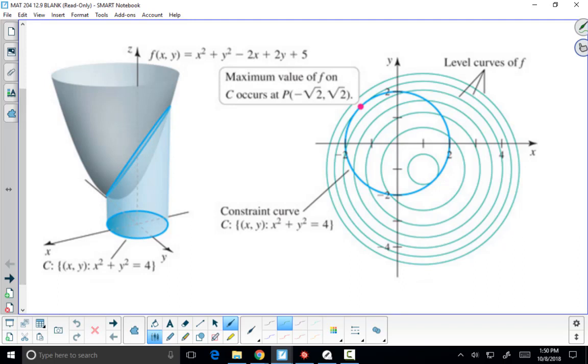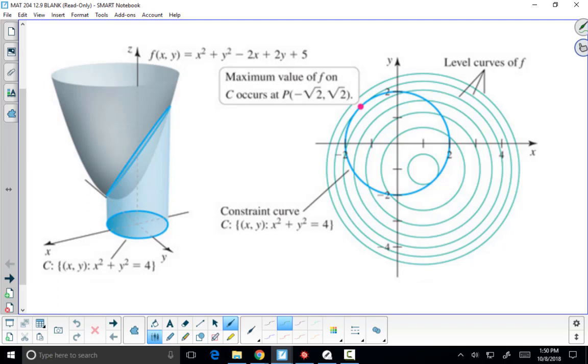And we know that that function value is even bigger because we're even further out. So the idea conceptually is that you can draw all these level curves, and then the one that's tangential to your constraint is going to be the one that's creating the maximum. Because the next level curve out is not even going to touch your constraint curve. So that level curve right there corresponds to the max.